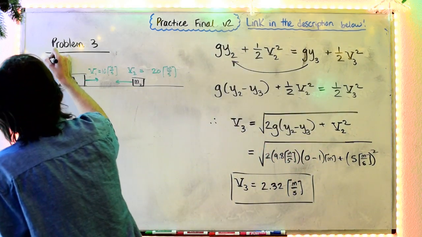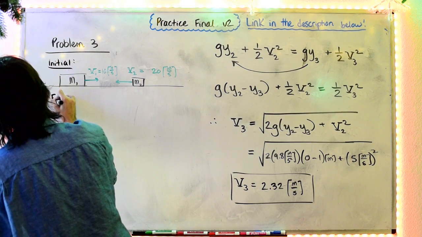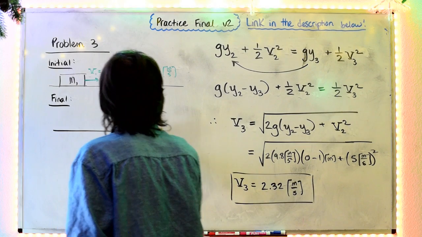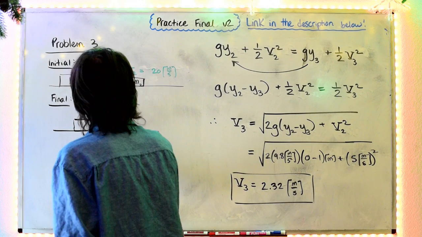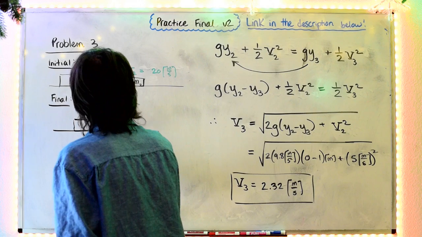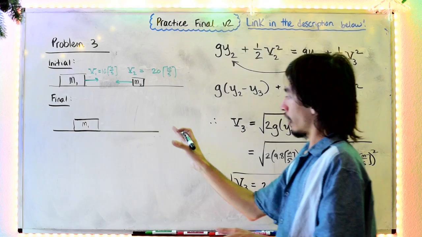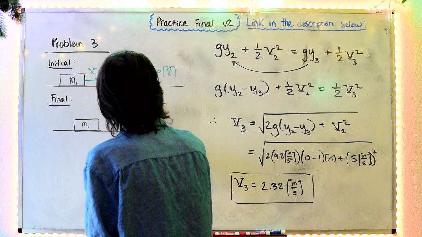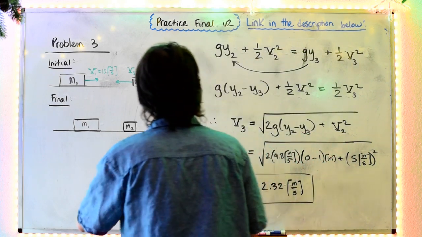Now, this was initial. The final situation is that now I don't know exactly what the truck, M1, is doing, but I do know that the car moves away from the collision in the direction that it originally came from, so in other words, to the right, with a speed of 5 meters per second.